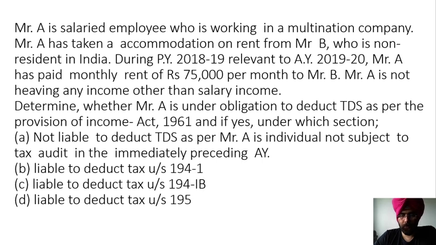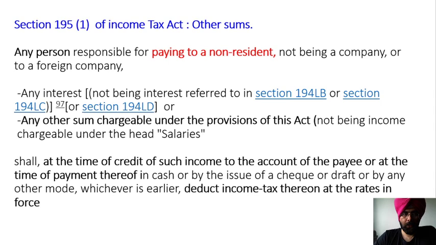I am going to discuss the correct answer, so you can pause this recording if you need more time for calculation, and then replay again. Here the correct answer is as per section 195 of the Income Tax Act. Any person responsible for paying to a non-resident, not being a company, or to a foreign company, any interest or any other sum chargeable under the provision of the act. Here it's not written that a company is only required to pay.